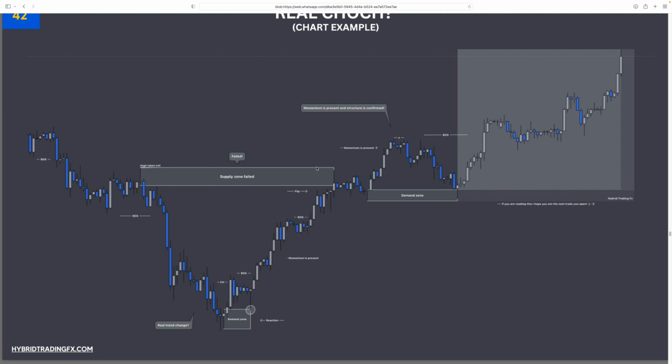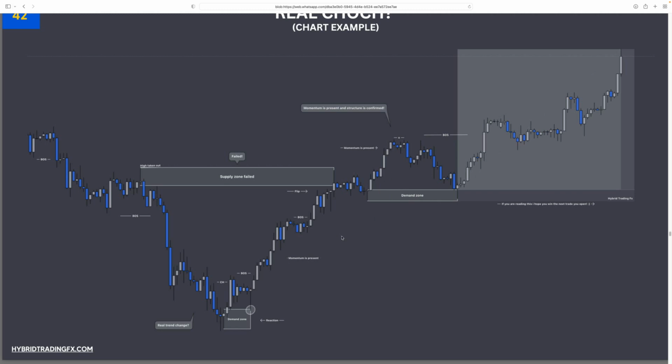And when there are more confirmations on what to do and when to really get involved in those types of trades. So it's always better to wait for that momentum, to wait for that failed supply and this high getting taken before you actually start to see that the real trend change is about to happen.